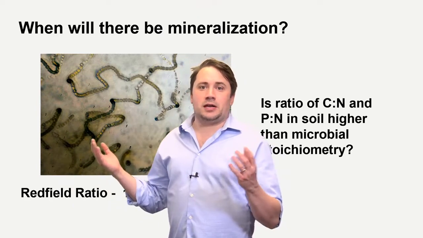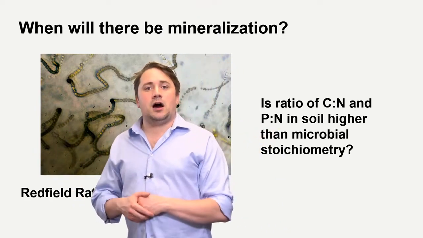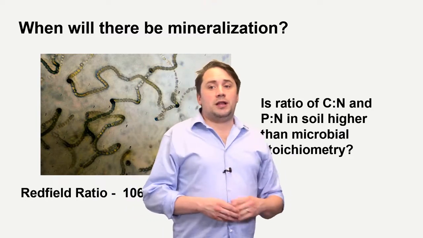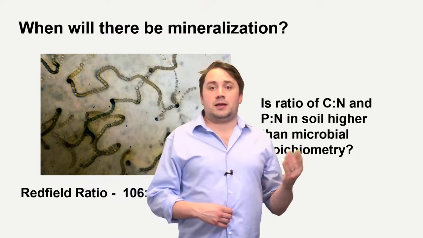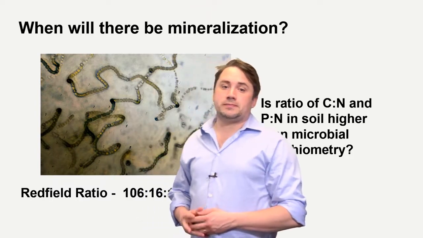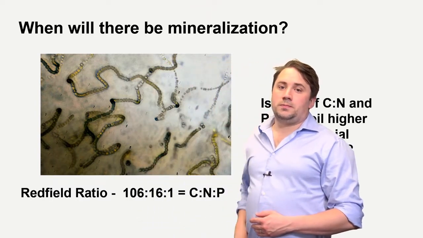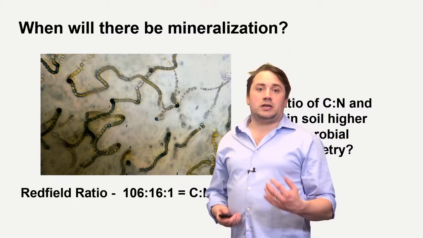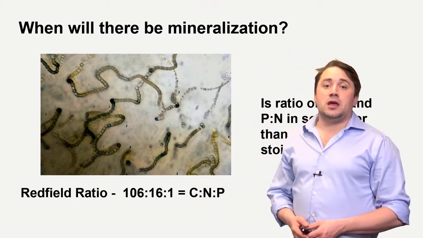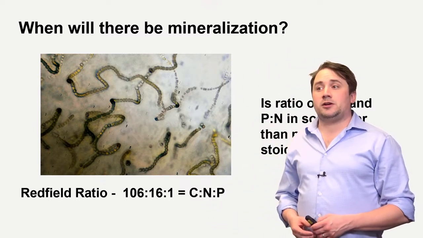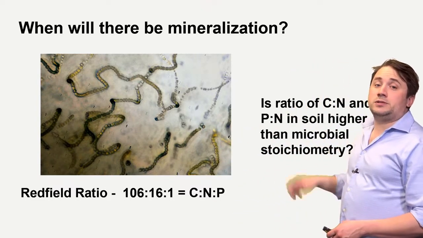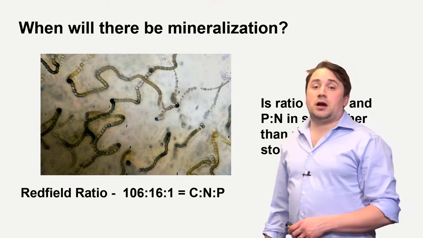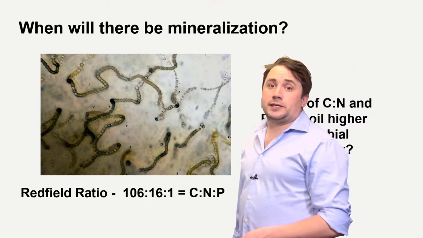So it excretes ammonia as a waste product of its metabolism, only when your carbon to nitrogen ratio is low, because that's when it has excess nitrogen. So this is what governs mineralization. Mineralization rates are primarily determined by the stoichiometry of the stuff that's being decomposed relative to the stoichiometry of the decomposing organisms.